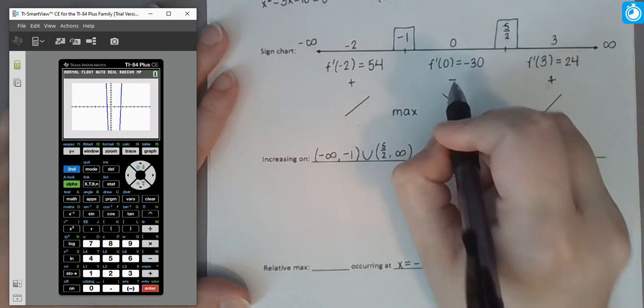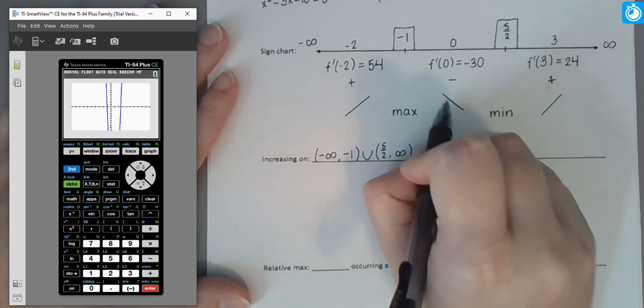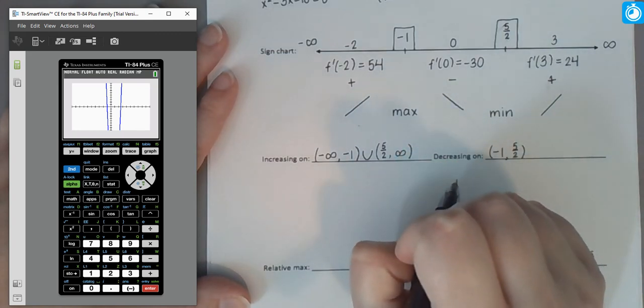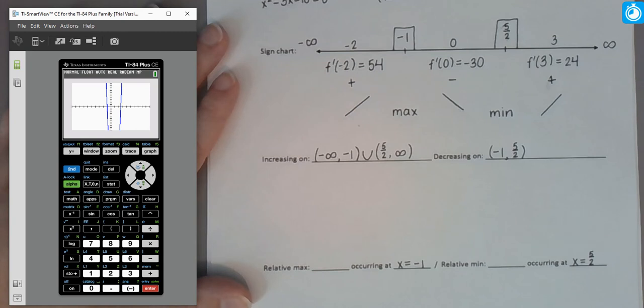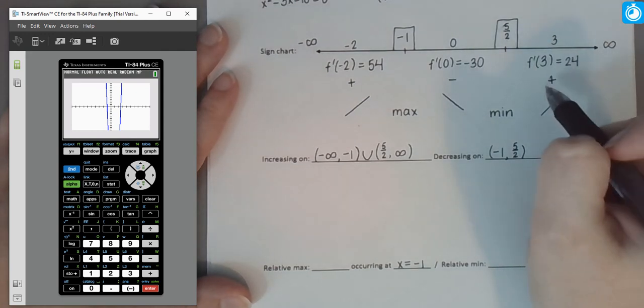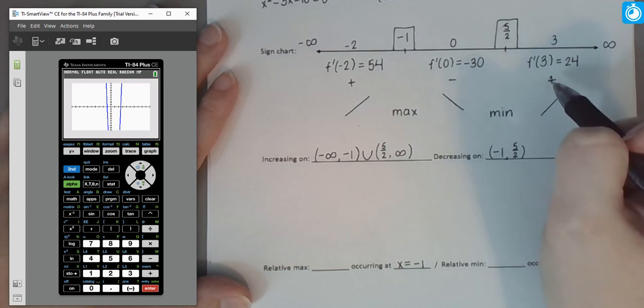Anywhere our derivative has a negative value, that means the graph of the actual function would be sloped downward. And then as we go from 5/2, where we cross back over, to infinity, notice the values there are going to be positive. We're now above the x-axis, so our derivative has a positive value.